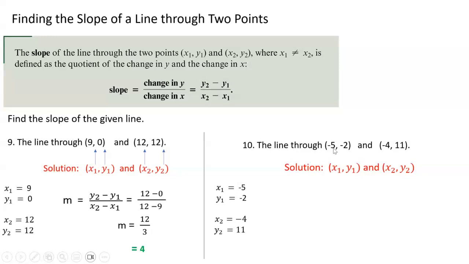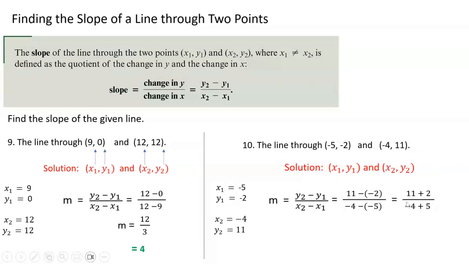Okay, now this is number 10, in the same manner. My x1 is -5, my y1 is -2. My x2 is -4, my y2 is 11. Let's plug them in. My y2 will be 11 minus -2 over -4 minus -5. When you have a minus and a negative, it becomes positive.